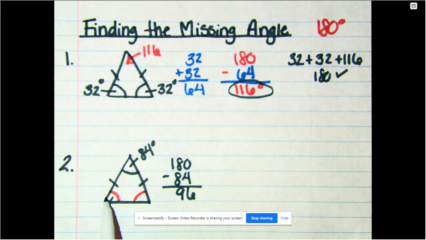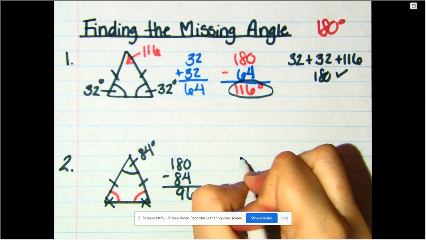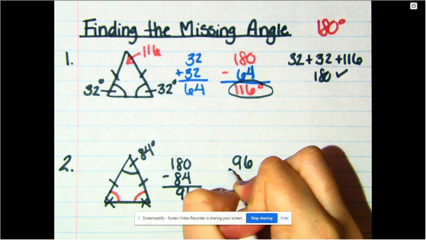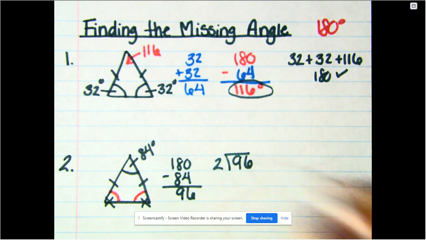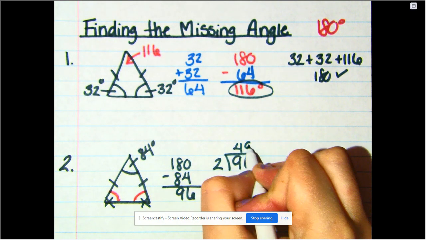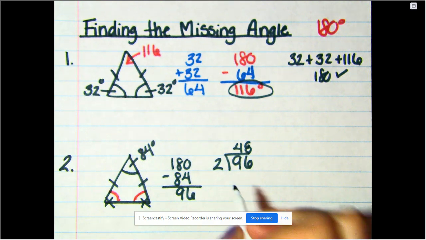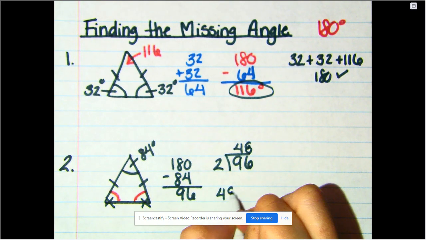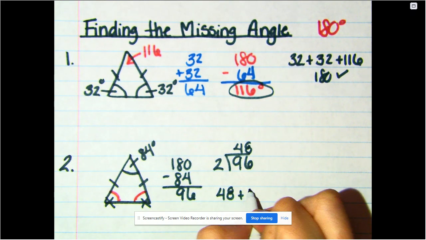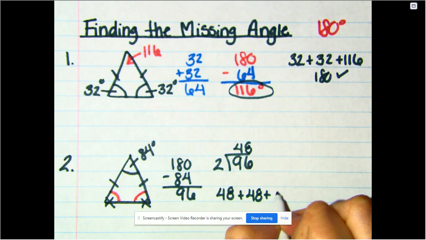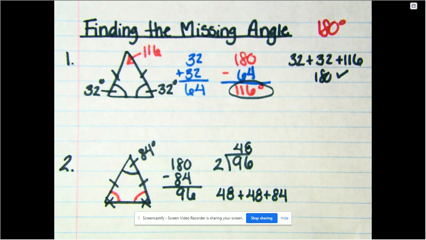So if I call this angle X, they are the exact same. So because they are the exact same, the same number, I'm going to take 96 and divide that by 2. And 96 divided by 2 is 48. So the missing angle that I have could be 48, which means that 48 plus 48 plus 84 needs to add up to 180.